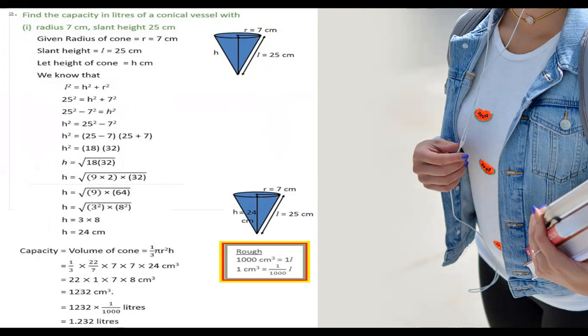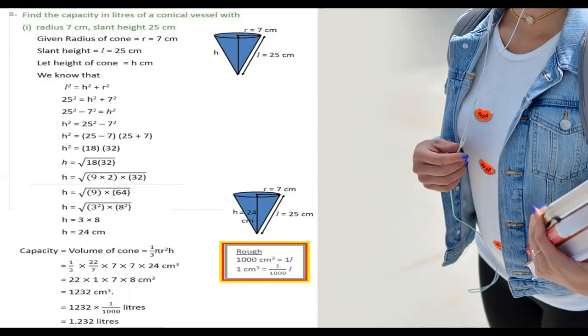Now let us assume the cone like this with radius 7 centimeters and slant height 25 centimeters, and we are not given the height. Now let us suppose it has h. So let us first find the value of h. We know that L square is equal to h square plus r square.